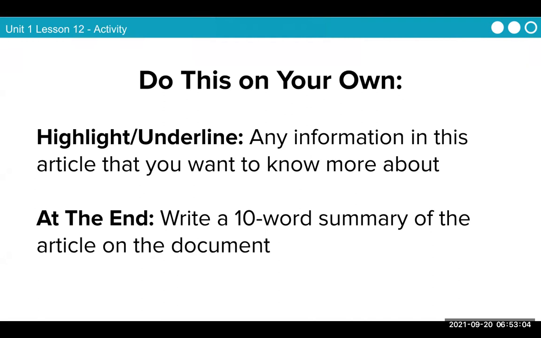So first, you're going to highlight or underline any information in this article that you want to know more about, and then you're going to write a 5-word summary of the article. Okay, let's take about 5 minutes to do this. We'll check in then and make sure that everyone is done. If you get done early, just let me know. Okay, 5 minutes is up. We're back.